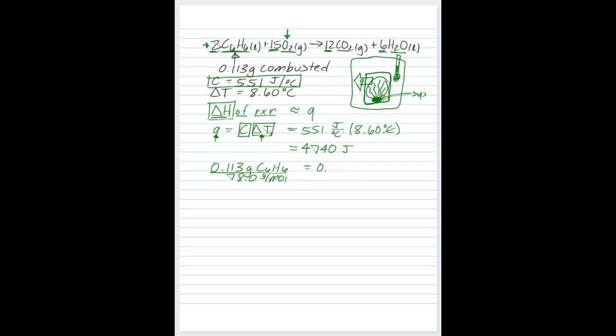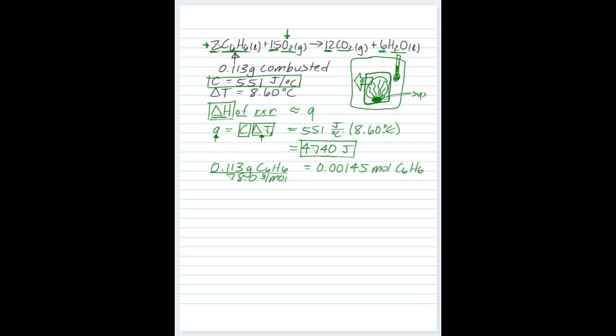Divide 0.113 by 78, and what you get is actually a fairly small number of moles of benzene. It's in the millimoles territory. So this is the amount of heat that is coming out of a 0.00145 mole sample of benzene.